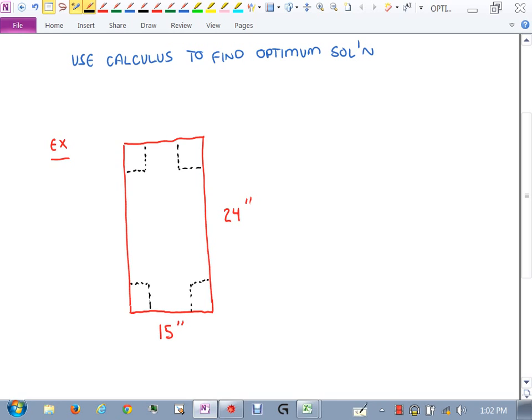We cut those corners out, and we fold the sides up, and then we take this flat cardboard box and make a container out of it. When we fold up the sides, it'll look something like this.